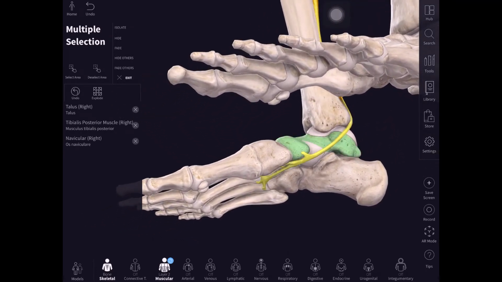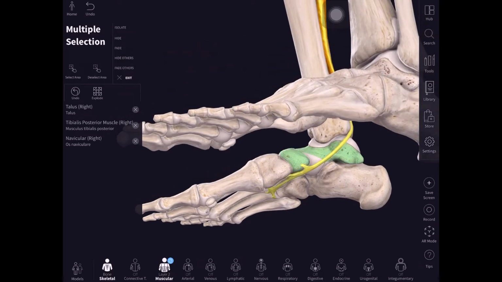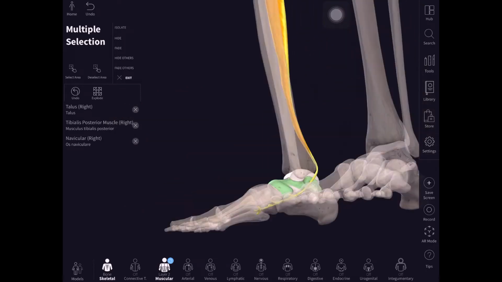Yeah, that elevation, if you can notice here, this part, you see a small bony projection coming down.